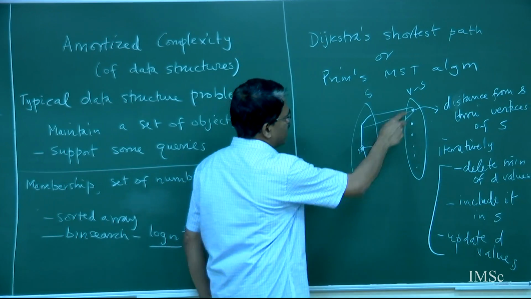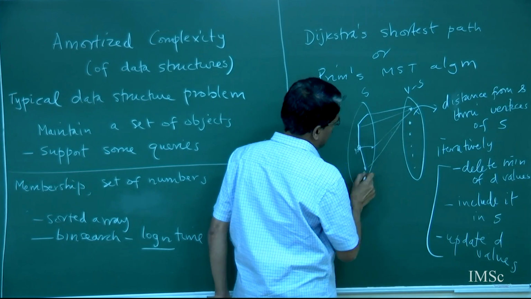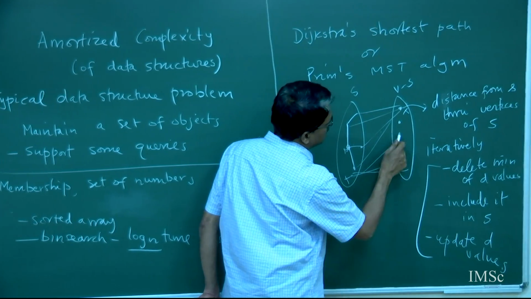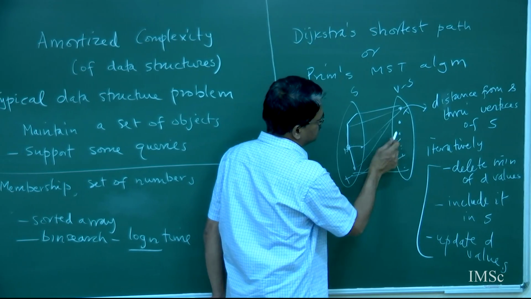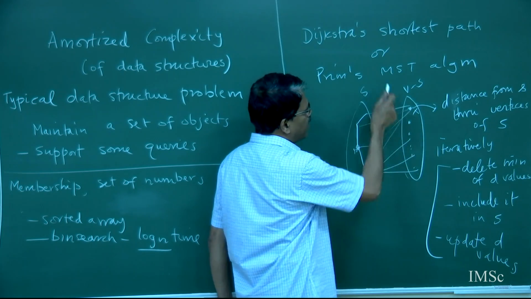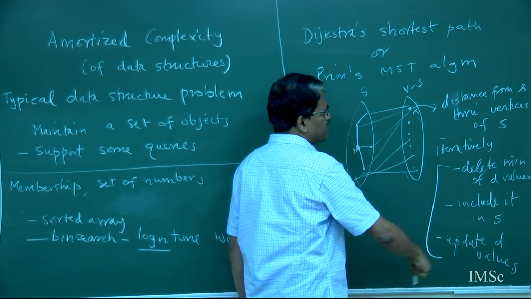So this vertex X came in here. In the next iteration, through X, maybe some of these distances might become shorter, so you want to check and update that. And then among all these, you delete the smallest, keep updating, and that keeps happening in this loop. Okay.